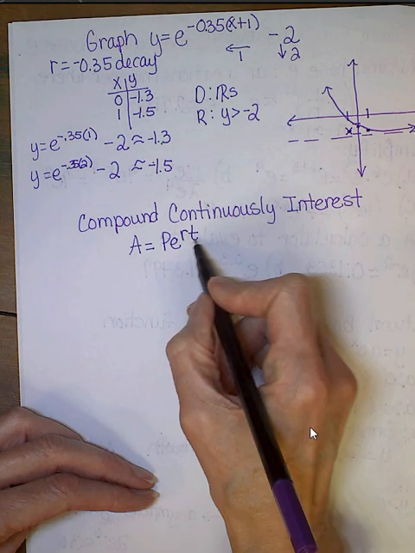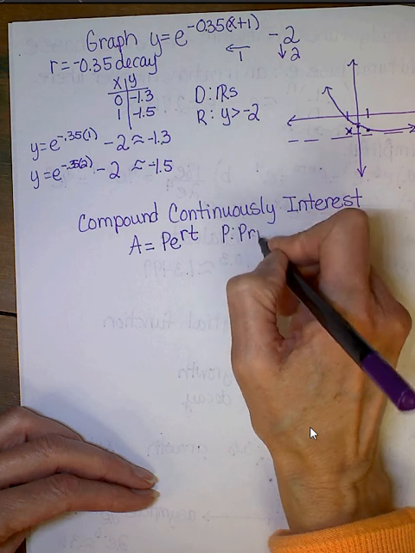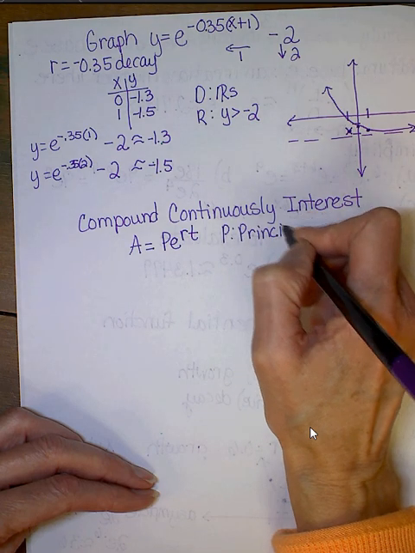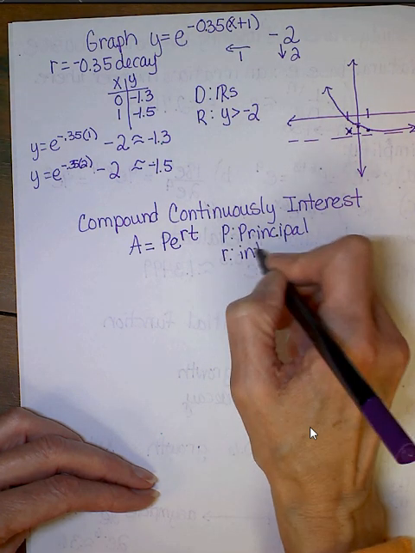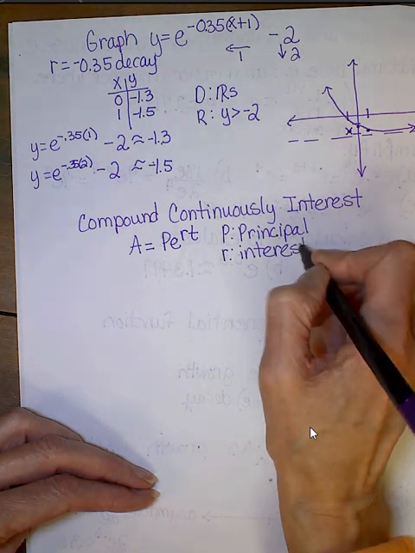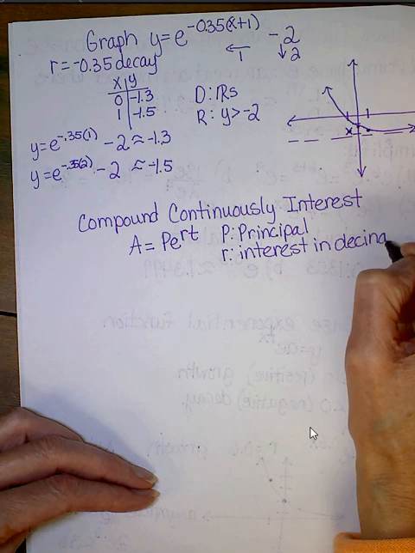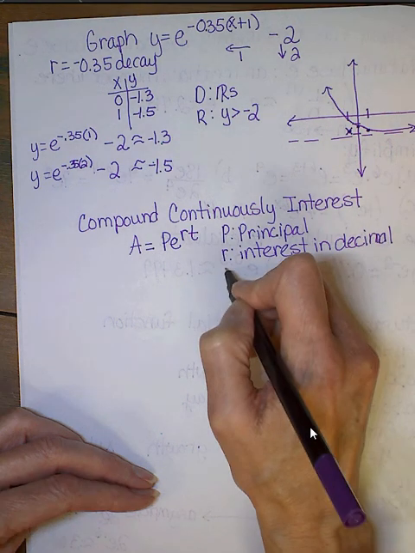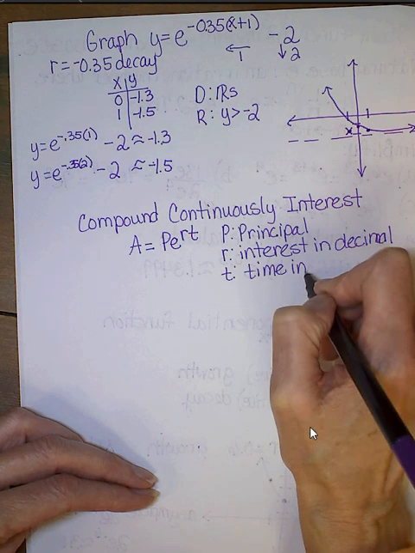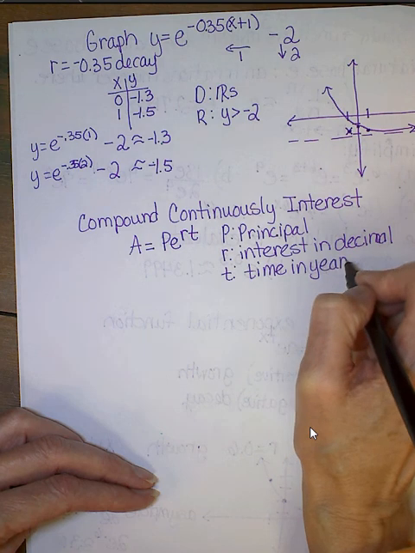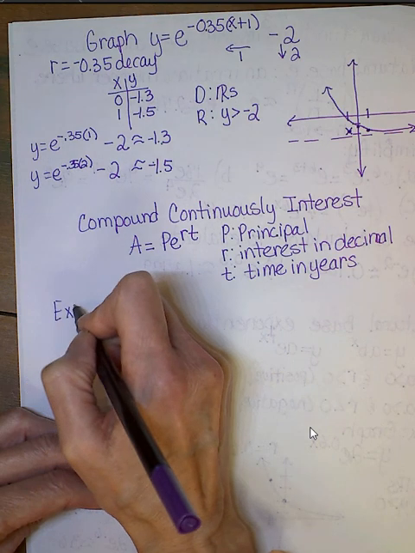So remember, P is still principal, the amount that you put in your account, and then R is your interest, and don't forget that it has to be in decimal form. If you get a crazy big number, you know that you probably didn't put your interest rate in decimal form. And T is time in years. I will not expect you to memorize either of these interest formulas. I will give them to you on the test.